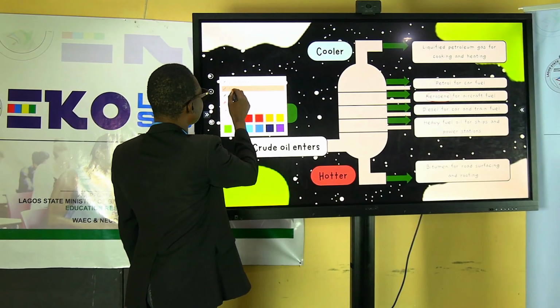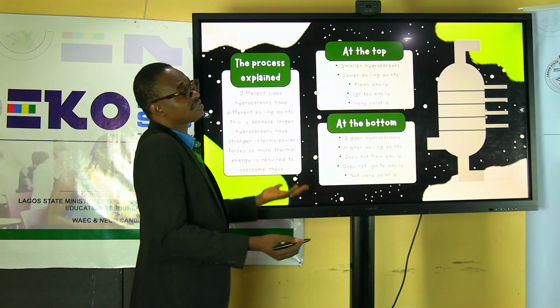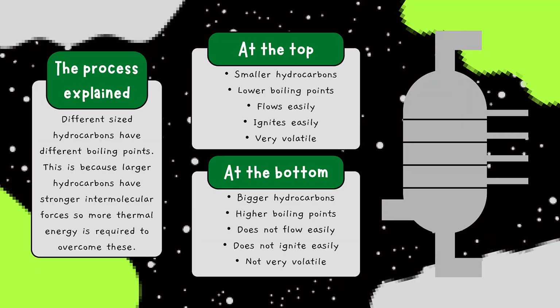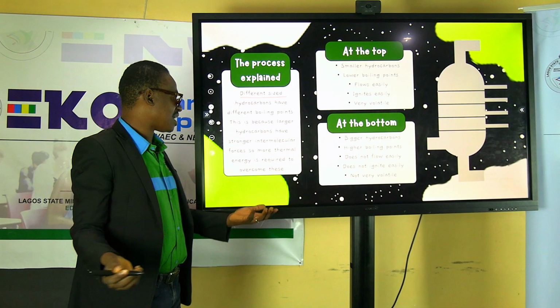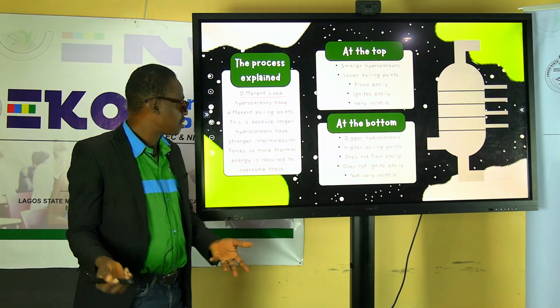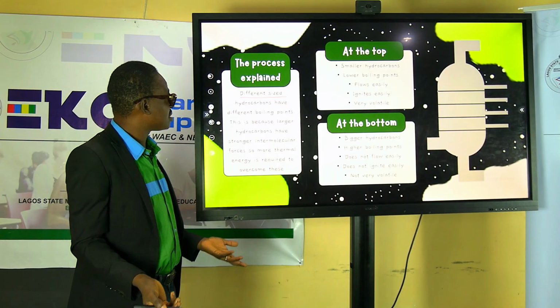Just to explain what we've seen so far, the process explained different sizes of hydrocarbons have different boiling points. We know that, and the boiling points are close. But why are they having different boiling points?